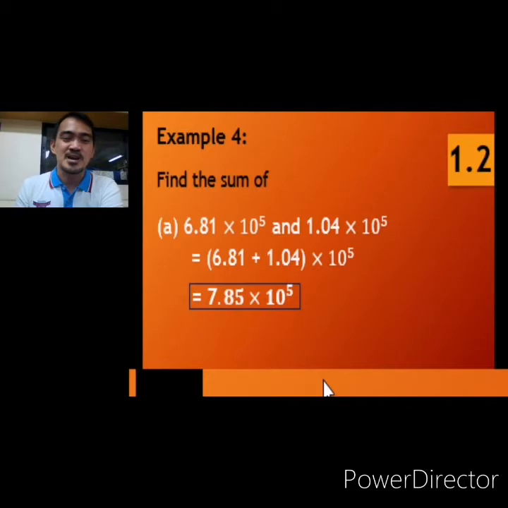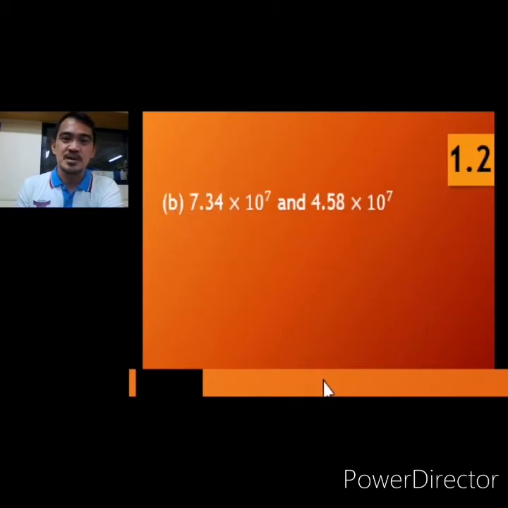Okay, let's continue. Let's add example letter B. 7.34 times 10 raised to 7 and 4.58 times 10 raised to the power of 7. Look at the power of your base 10. They are the same, which is positive 7.